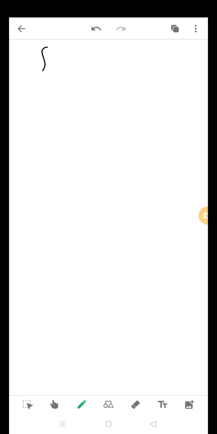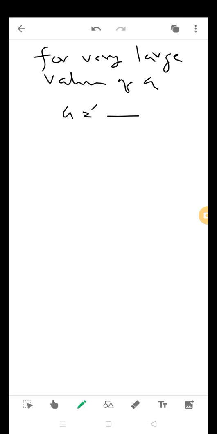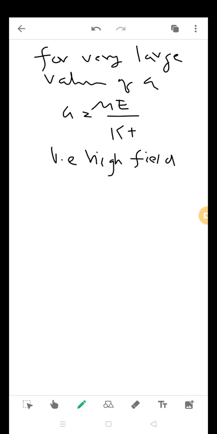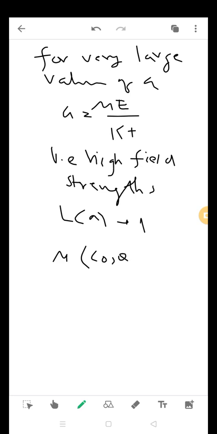So for very large values of A, when A is mu E by kT, that is high field strengths, L(A) approaches unity, and mu cos theta is equal to mu.